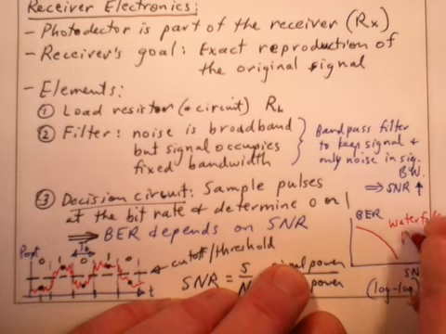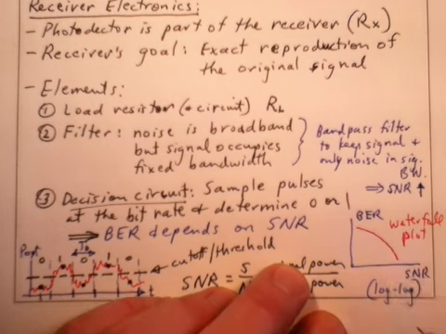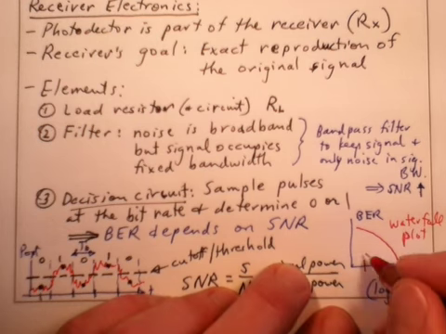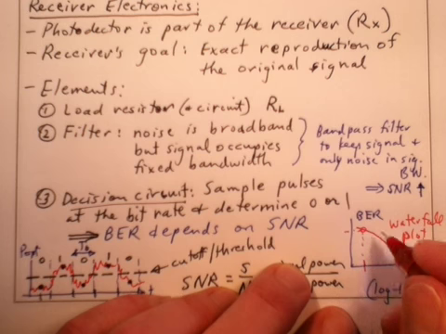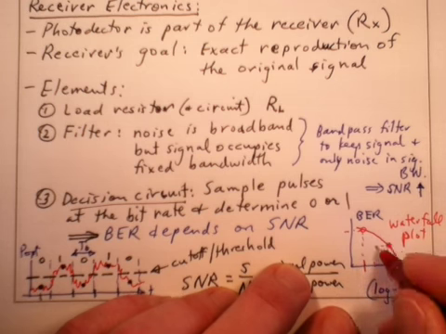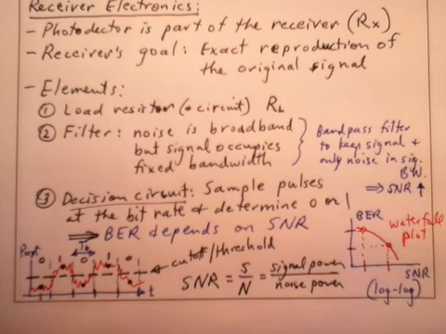So you can take a low signal-to-noise ratio and get a high bit error rate, or take a higher signal-to-noise ratio and get a lower bit error rate. So that's the basic introduction to detectors in the receiver electronics.